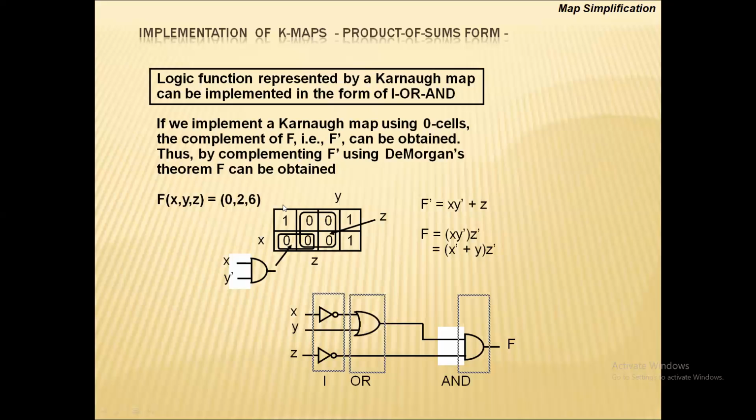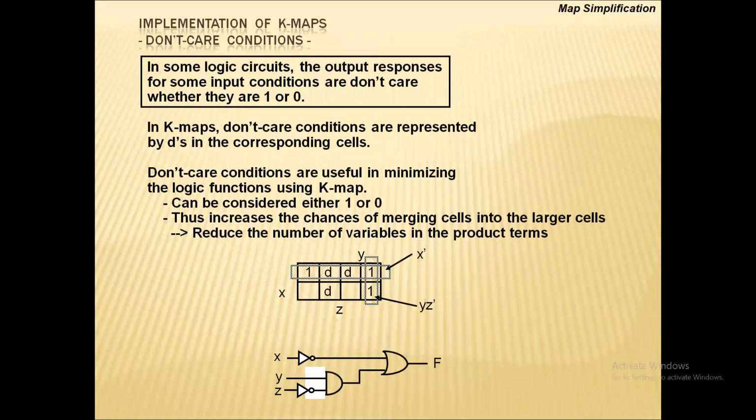Similarly, 0 means it is now Y. So for the POS expression, it will be X plus Y, and these sums will be multiplied. This is a POS, where it is a product of sums. So this will be X plus Y for this one, multiplied by the others, and for all the pairings you will have solutions for POS forms that you have to take care of.